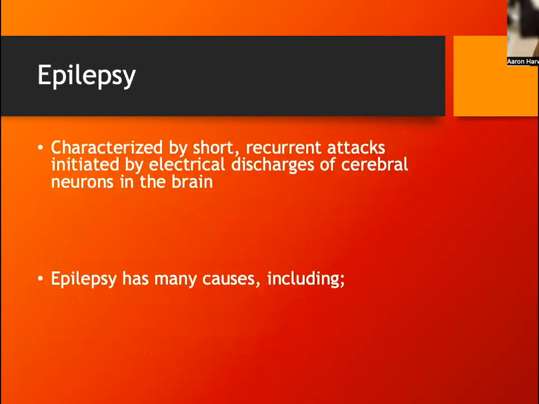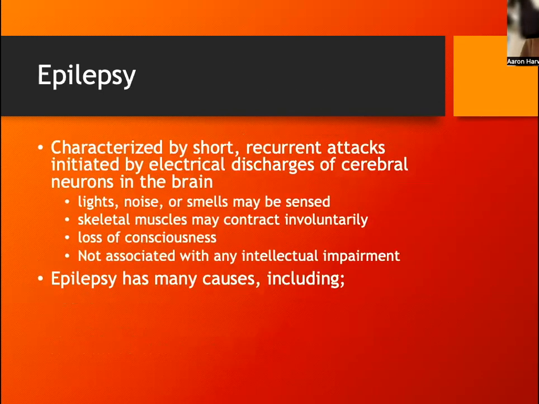The other one is epilepsy. Epilepsy is characterized by short, recurrent attacks initiated by electrical discharges of the cerebral neurons in the brain. Things such as light, noise, and smells can cause these. Skeletal muscle may contract involuntarily during a seizure, and you may experience loss of consciousness.